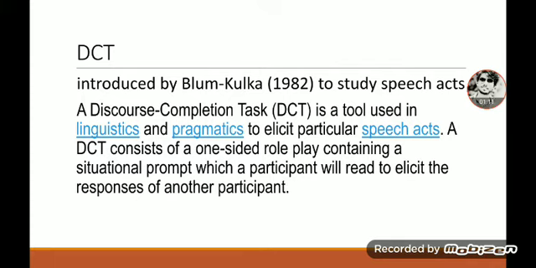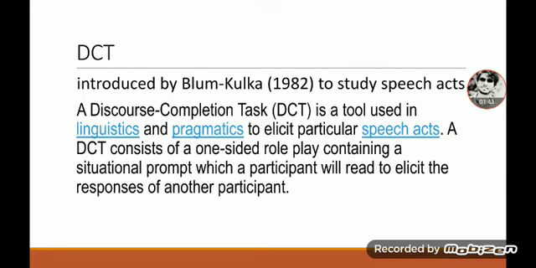DCT is basically used in research related to language, and specifically in finding or evaluating sociolinguistic competence or pragmatic competence. Majority of the research has used DCT, and it is also used for finding or evaluating speech acts.